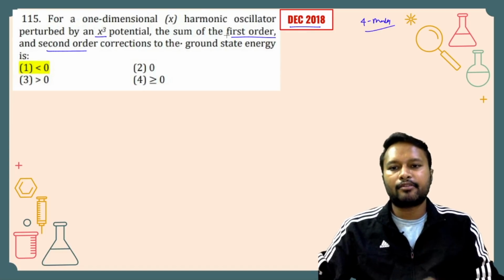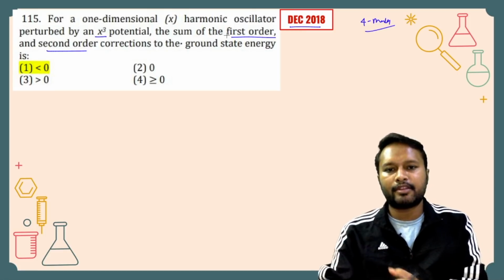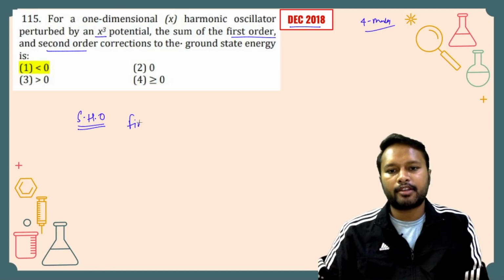Now try to understand this: whenever you have to solve these types of questions, especially if you have a simple harmonic oscillator type of question, remember this thing, I'm just giving you one note.